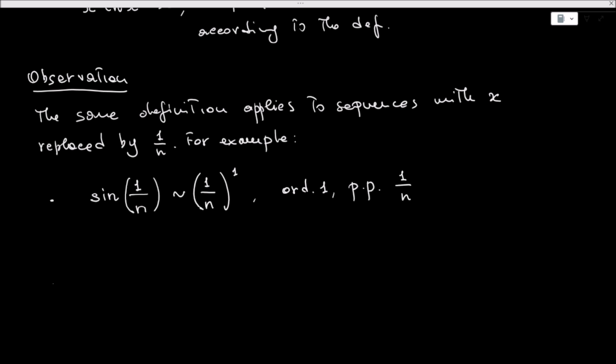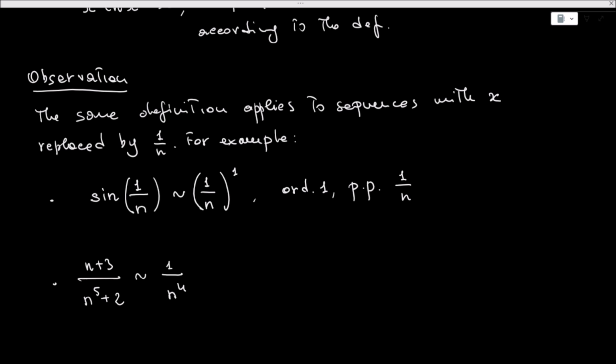A second example. Let's consider the sequence n plus 3 divided by n to the fifth plus 2. So we know that when n goes to infinity, this is asymptotically equivalent to 1 divided by n to the 4, and 1 over n to the 4 is another infinitesimal.